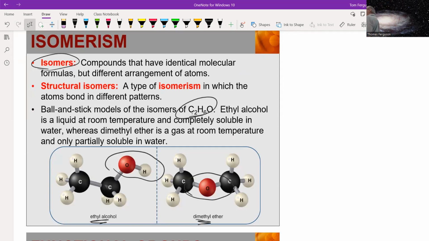We have isomers. Isomers are compounds that have the same formula, differing structure. And remember, when you're looking at a unique structure from one molecule to the next, if it's just a rotation of it, it's not a new molecule. It's the same one. Because we're going to synthesize aspirin. It's one of the labs in here. And you're going to be analyzing your synthesized aspirin for things like purity and structure.